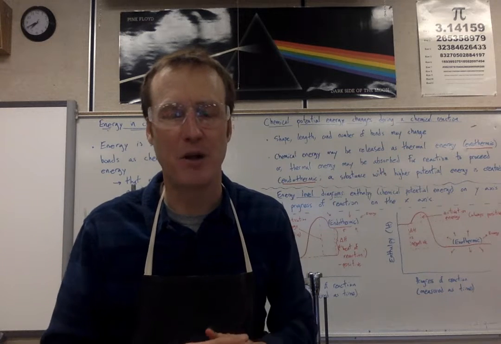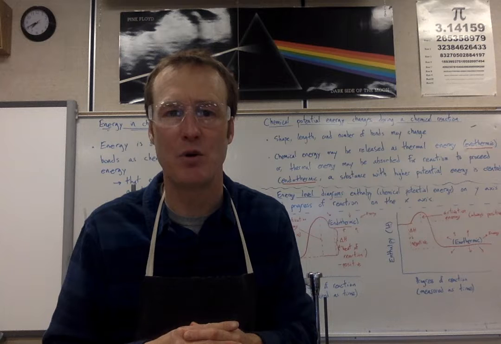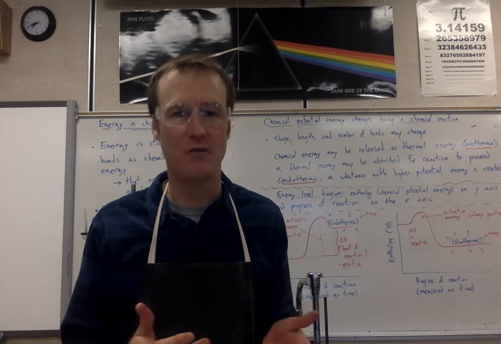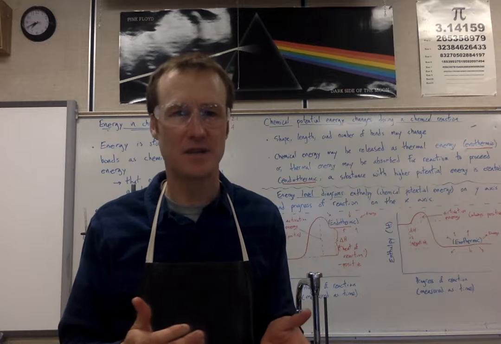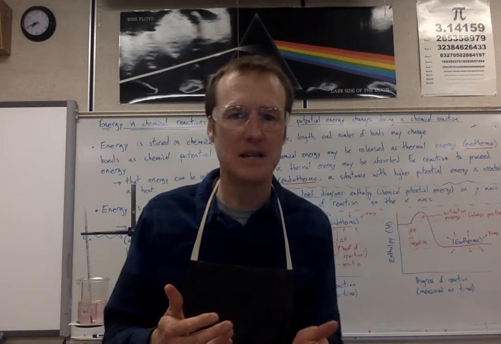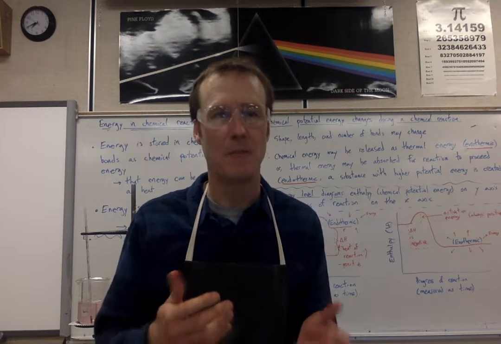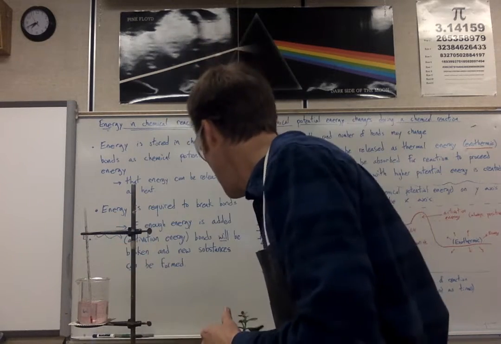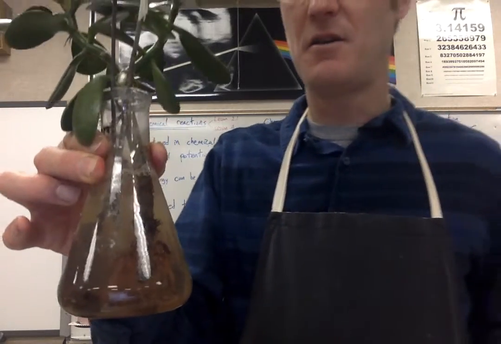I show the jade plant because there's an endothermic reaction, and that reaction you've heard of is called photosynthesis. In photosynthesis, we're starting with very simple components. We're starting with carbon dioxide and with the water that in this case can empty from the Erlenmeyer flask.